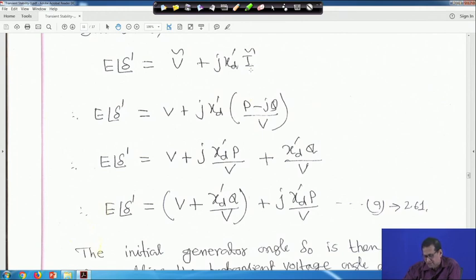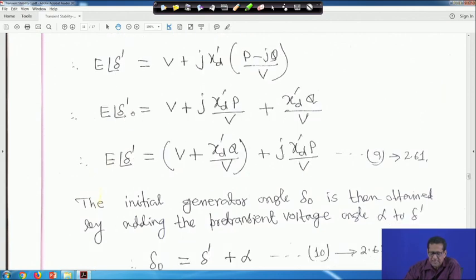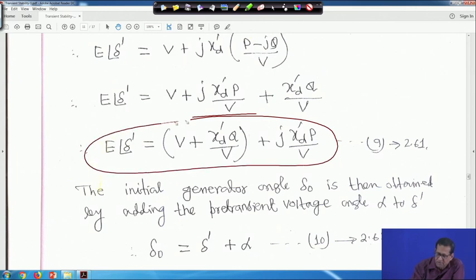Substitute whatever we have got just now, that I tilde is equal to P minus j q upon V. Now, we just multiply, then you will get E angle delta dash is equal to V plus j x d dash P upon V plus x d dash q upon V, right, or E angle delta dash is equal to V plus x d dash q upon V plus j x d dash P upon V. This formula we need for computing the E value. Later we will see when we take some problem.